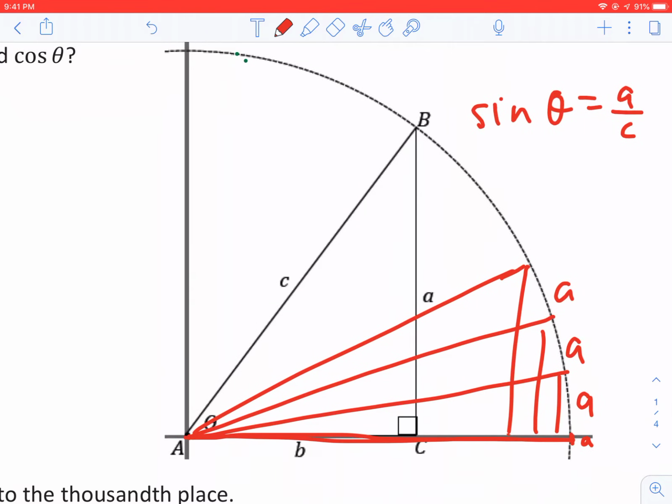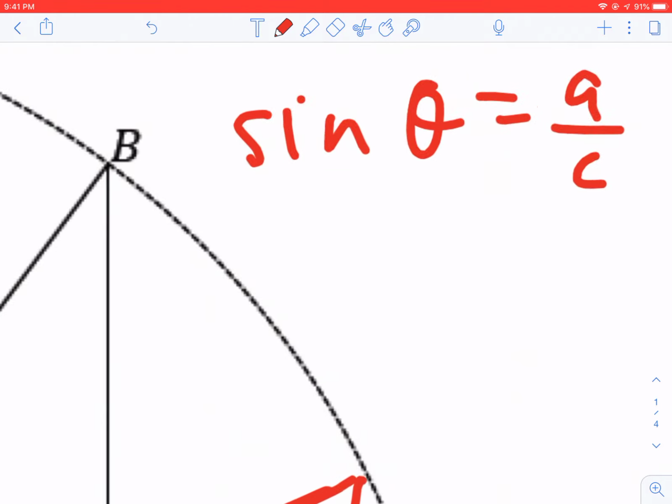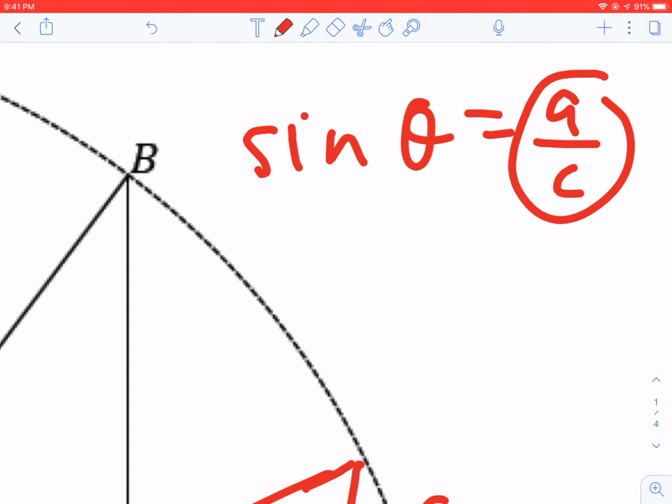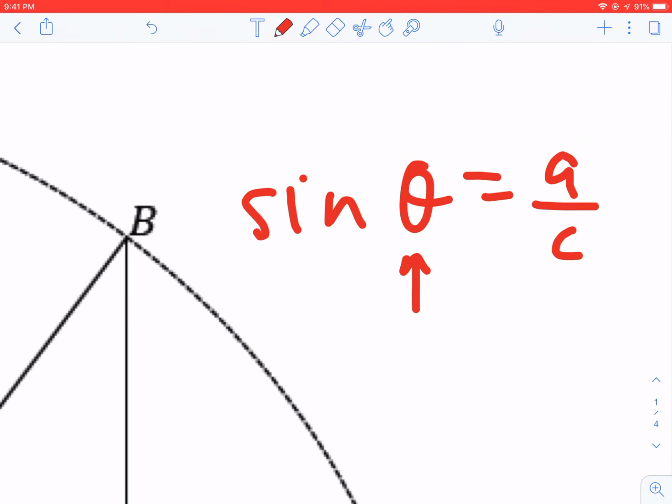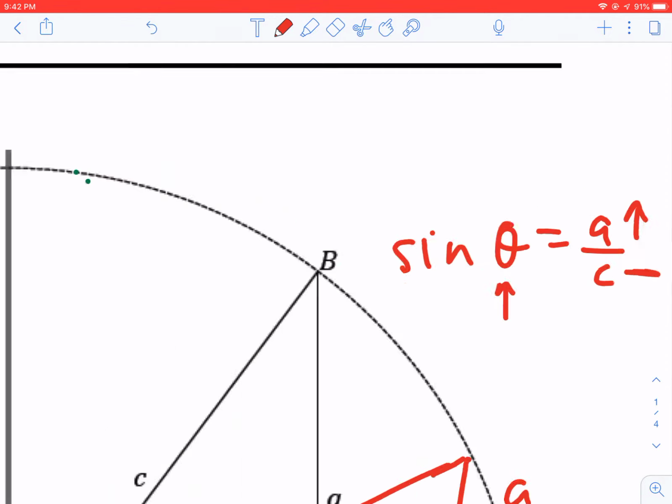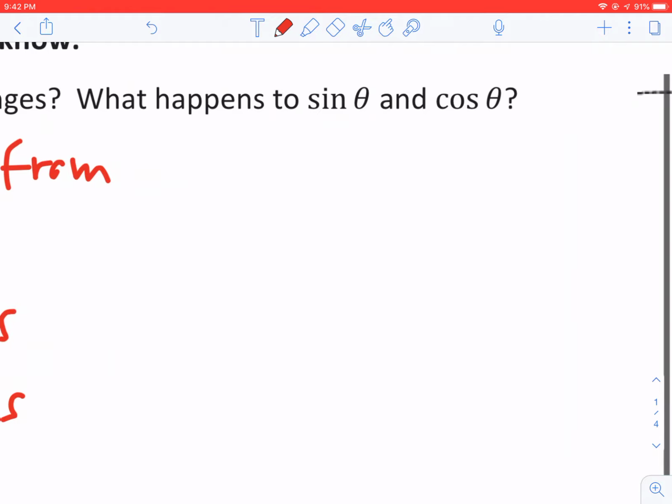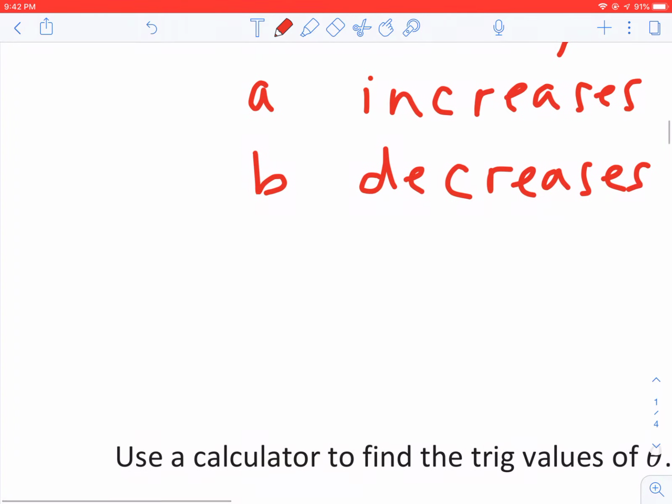But that hypotenuse is always staying at a value of C. So as A is increasing, the value of this fraction is going to increase. So as theta increases from 0 to 90 degrees, we can also say that the value of sine theta increases.